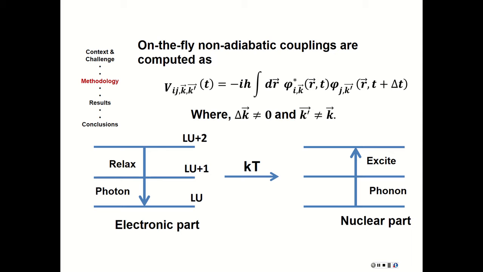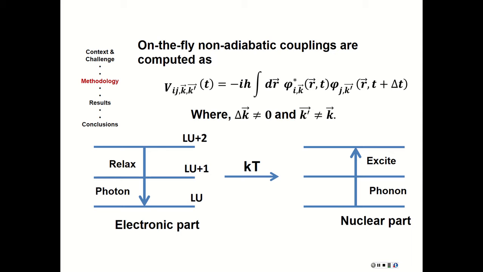I'm sorry, it should be the valence band. So electrons are transferred from HOMO or valence band to the conduction band and leave the hole in the valence band.